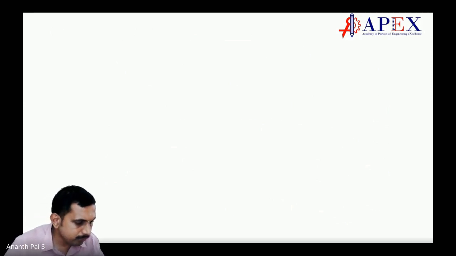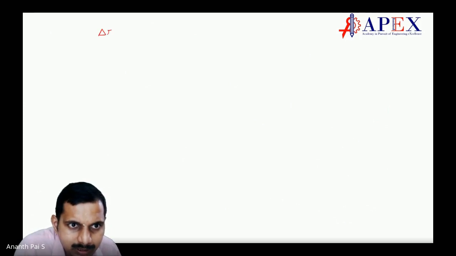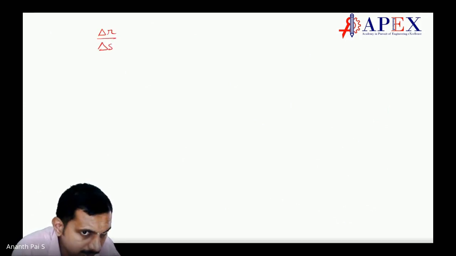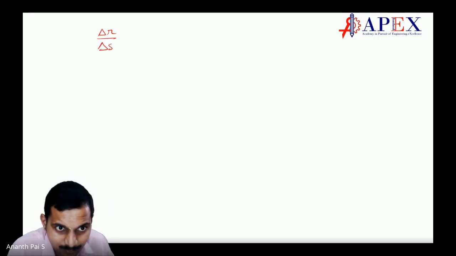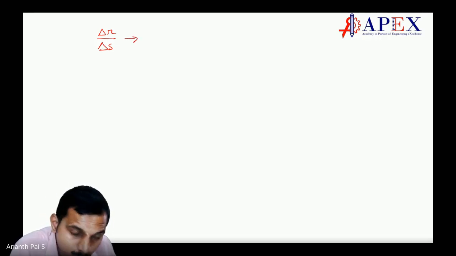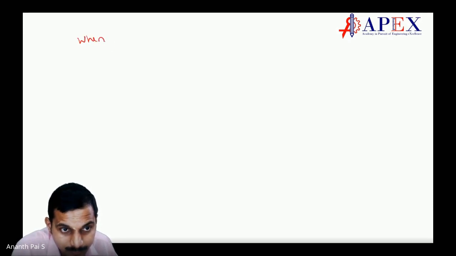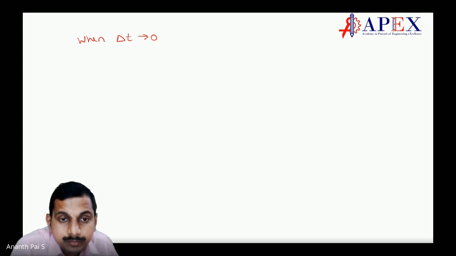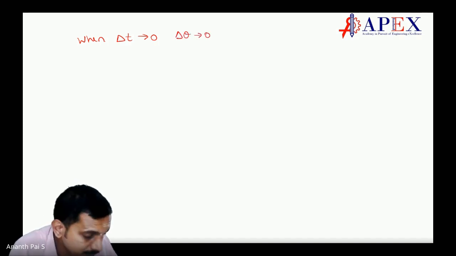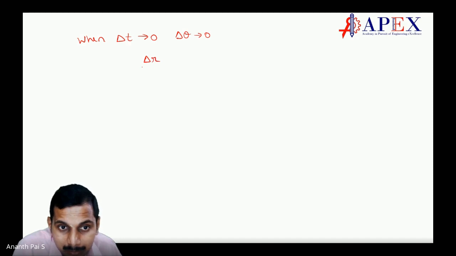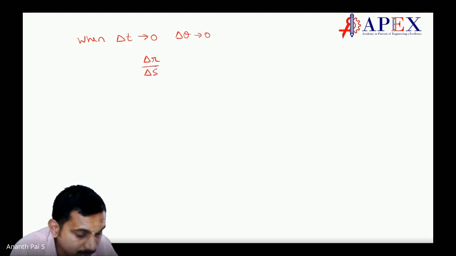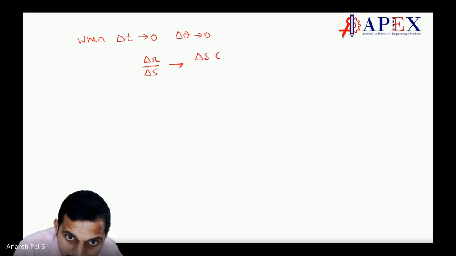Now, one more point here. Now, if I say, what is delta r by delta s? Now, delta r by delta s, when delta t tends to 0, delta theta tends to 0, and delta r by delta s, which was initially not tending to this one, tends to epsilon t.